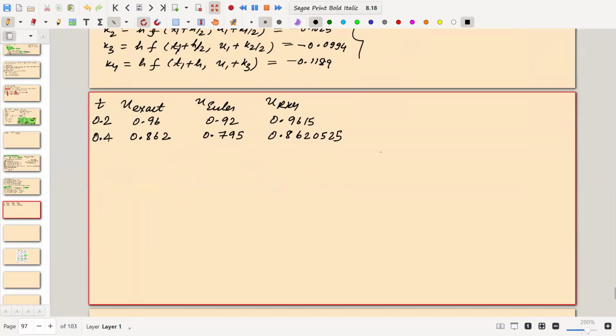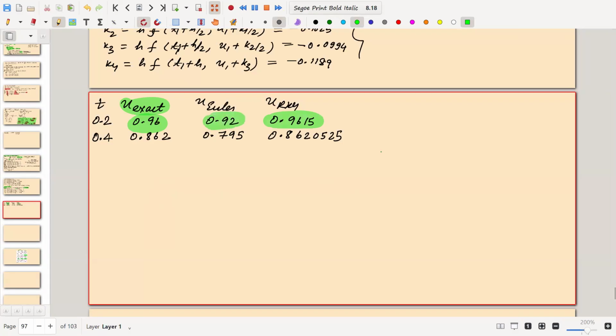Can you see what is happening? So you saw that if you solve the ODE exactly, you get the exact value at t equal to 0.2 as 0.96, and the same with RK4, you are getting 0.9615.